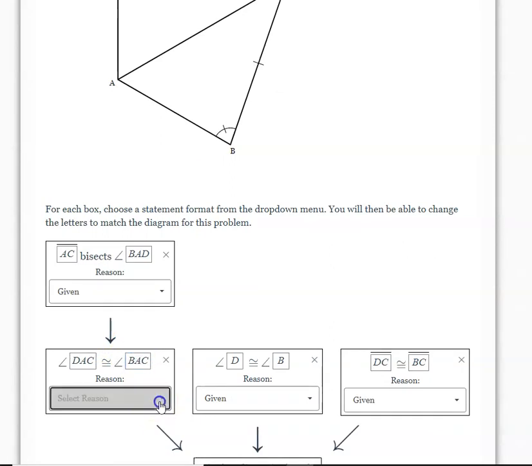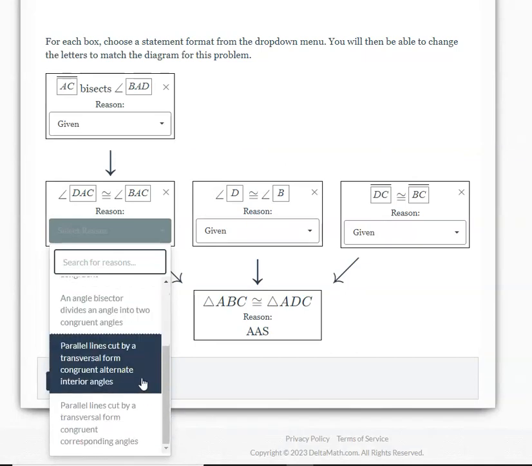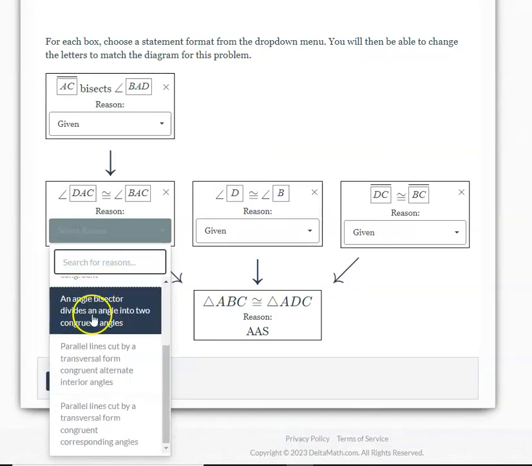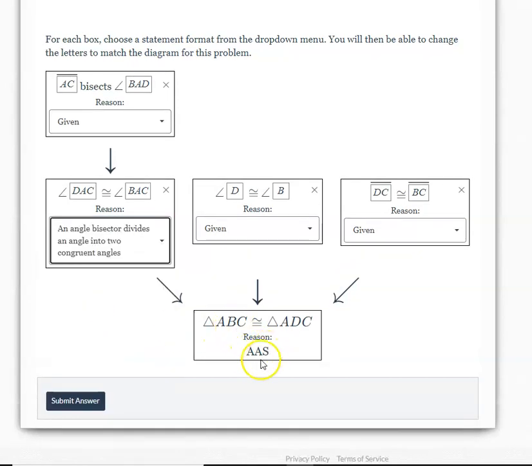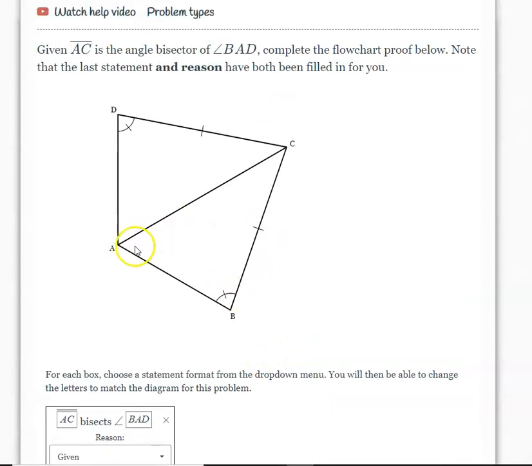And the reason why this is true is because an angle bisector divides an angle into two congruent pieces. That's what it does. So the pattern we're showing is angle, angle, side. We have angle here at A to angle B to the side. Angle at A to angle D to the side. So we're showing angle, angle, side.